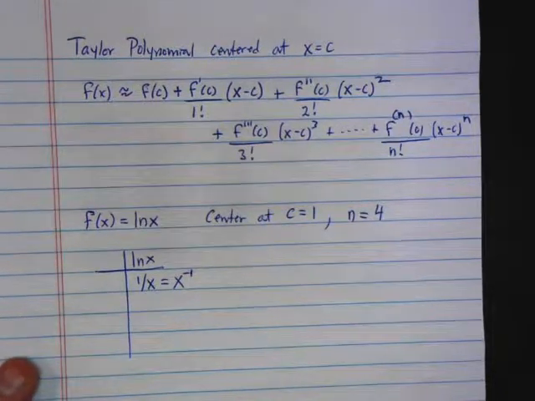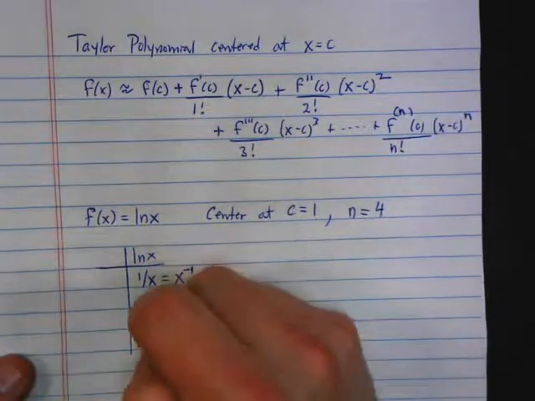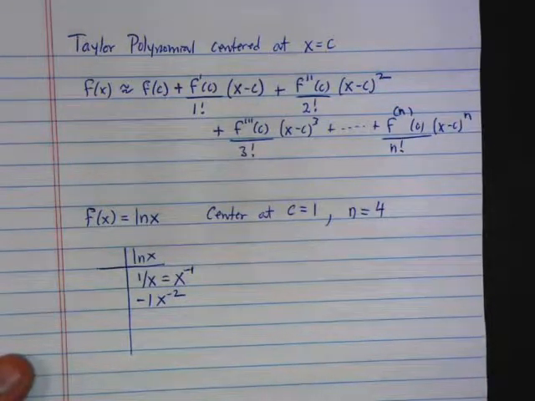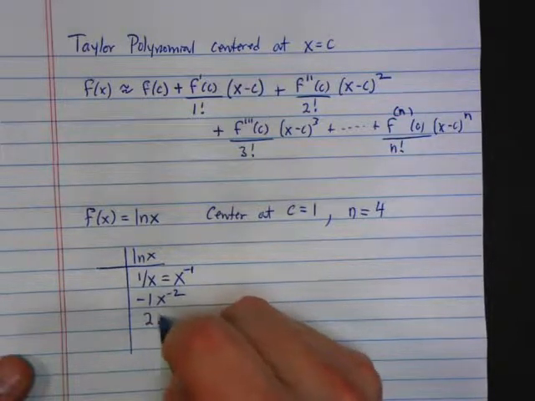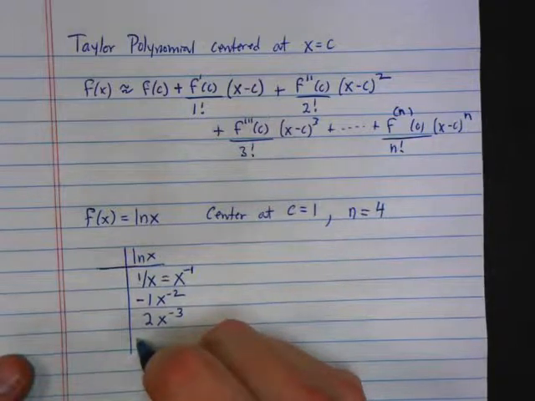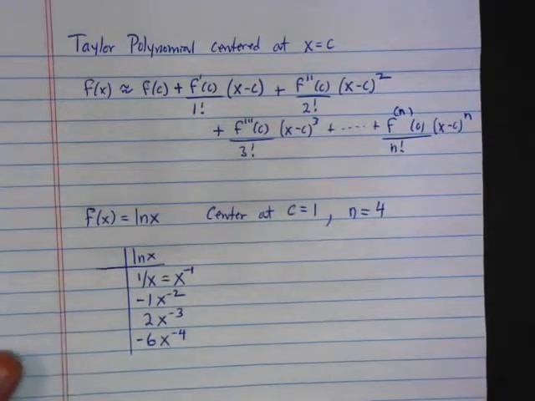Then the second derivative is negative 1, x to the negative 2. The third derivative is 2x to the negative 3. And finally the fourth derivative is negative 6, x to the negative 4.